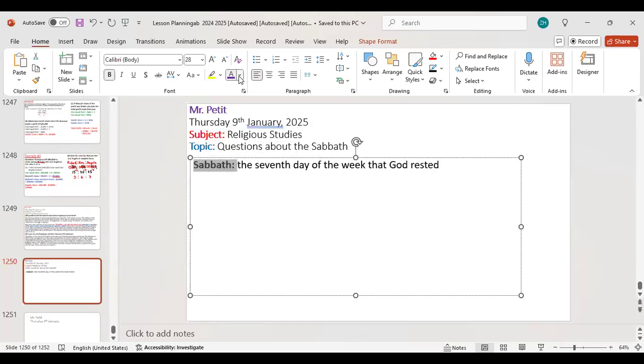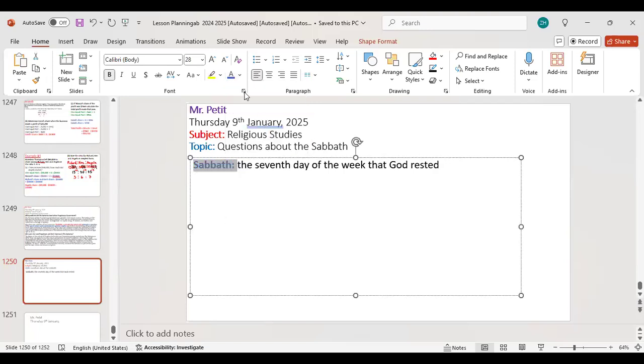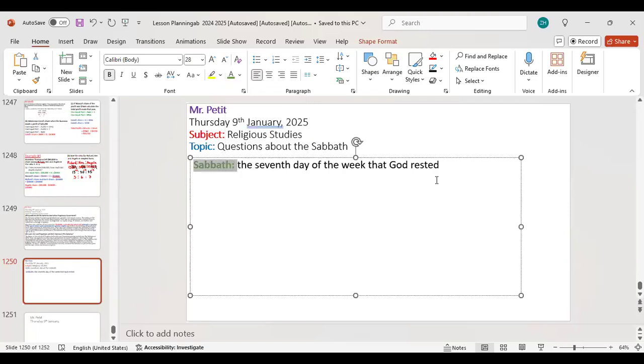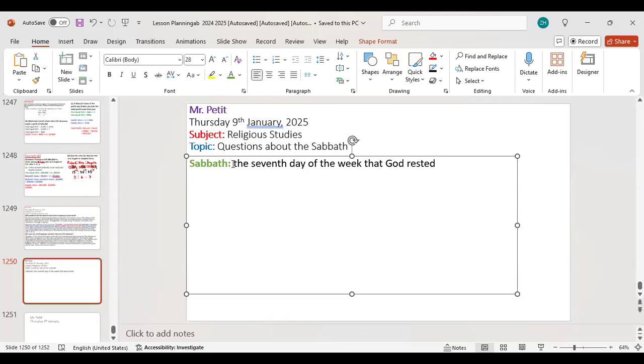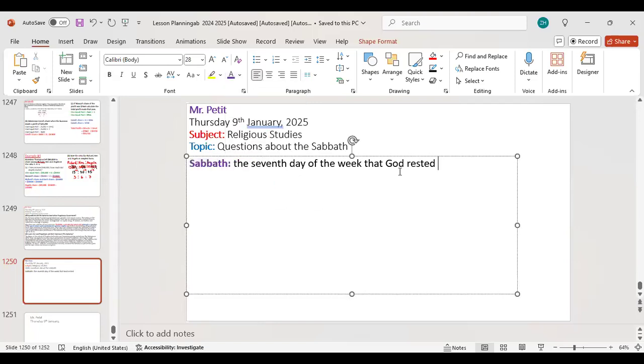So the Jews being very strict with the law, very serious in their adherence to the law. That was one of the things that they kept very strongly.